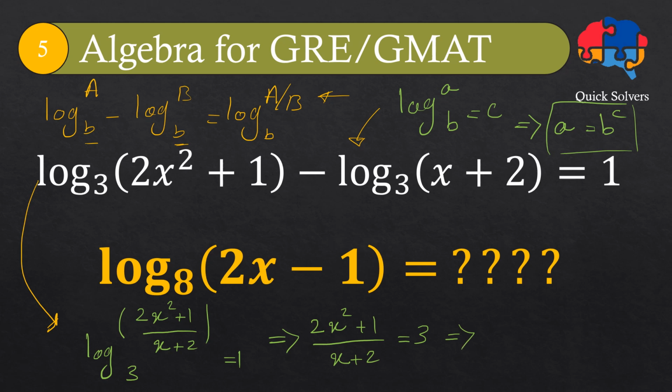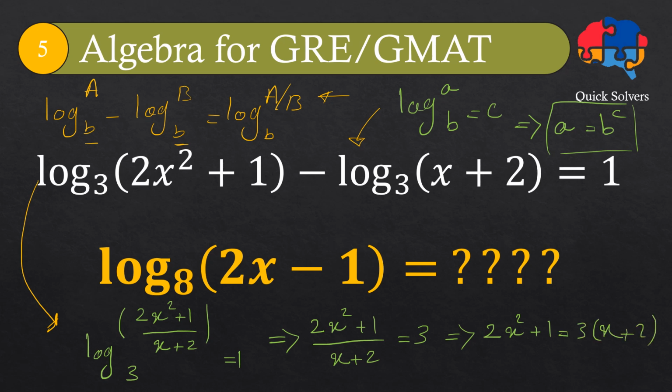And from this, I can multiply each side of this equality by x plus 2, and that means we get 2x squared plus 1 equals 3 times x plus 2.